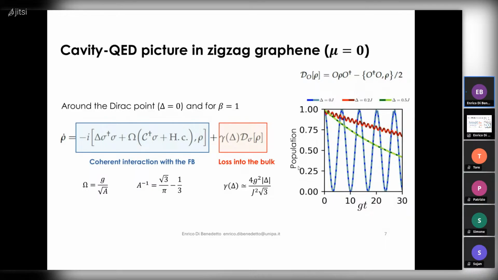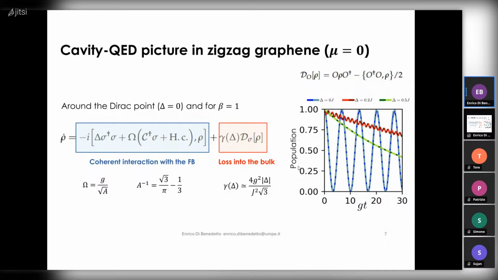If you study the dynamics that you get from this Hamiltonian, and you compare it with the exact model of your system, then you see that when delta is equal to zero, you observe vacuum Rabi oscillations, while when you start detuning away from your Dirac point or from your flat band, you start to observe damped Rabi oscillations, up to the point in which you just observe standard exponential decay.